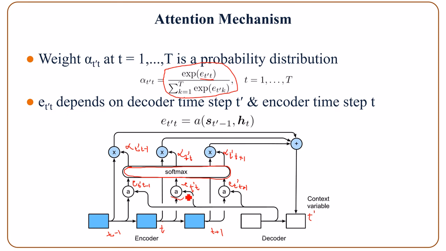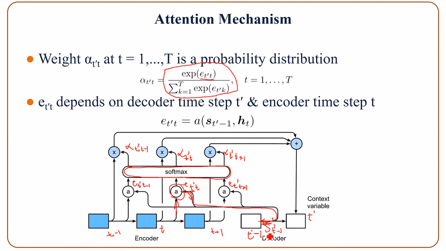It is a function a of the hidden state at time step t, which is here, and the hidden state at time step t prime minus 1 from the decoder side, which is this one. Right? Because this is time step t prime minus 1. So this is the hidden state s_{t'-1}.